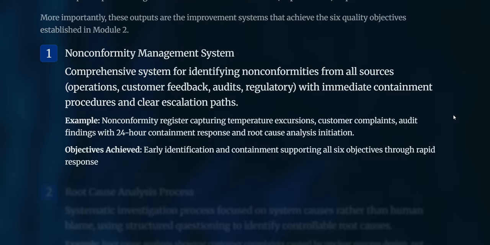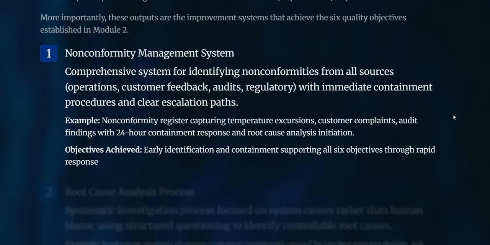The first output is nonconformity management, which means it must be a comprehensive system for identifying nonconformities from all sources, including operations, customer feedback, audits, and regulators, with immediate containment procedures and clear escalation.